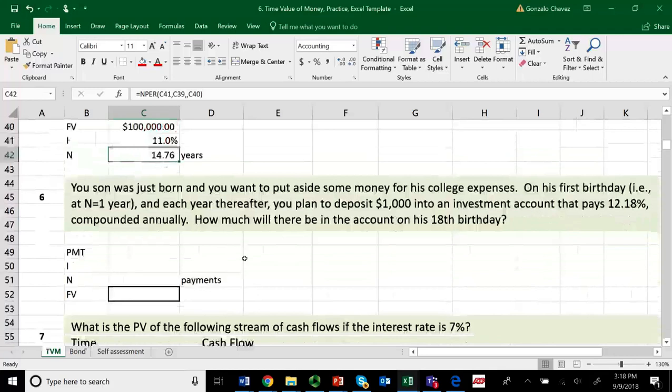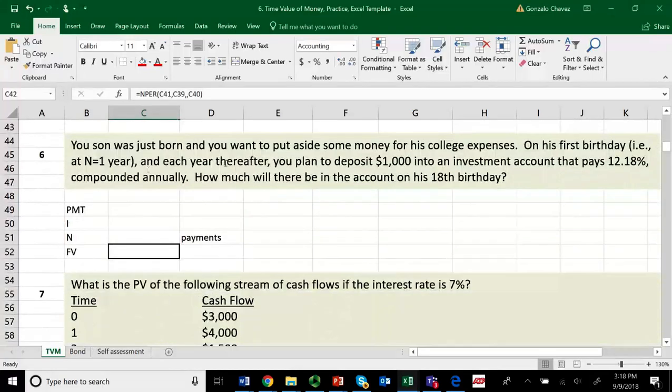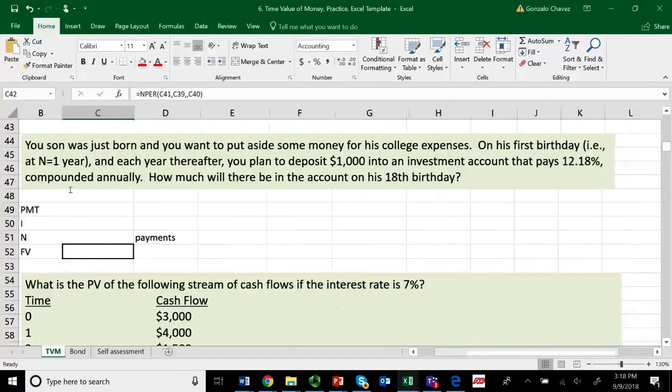Number 6, your son was just born and you want to put aside some money for his college expenses. On his first birthday, so when n is equal to 1, when he's 1 year old, because right now he's just born, so the age is 0. And each year thereafter, on every birthday, you plan to deposit $1,000 into an investment account.